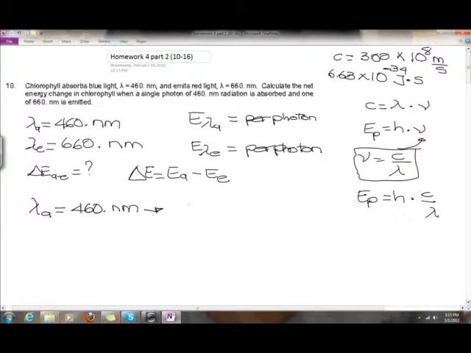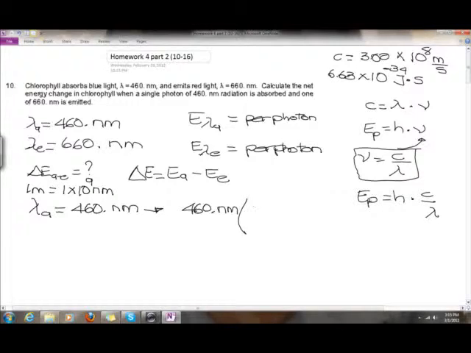The 460 nanometers, to convert it to meters, we multiply by 1 meter over 1 by 10 to the 9th nanometers, because 1 meter is equal to 1 by 10 to the 9th nanometers.